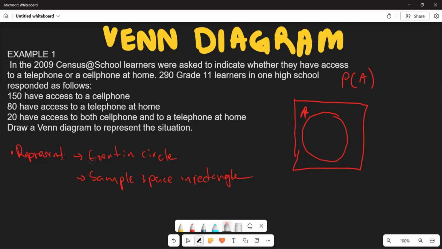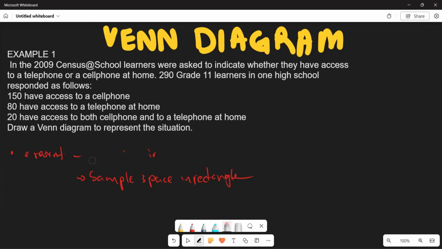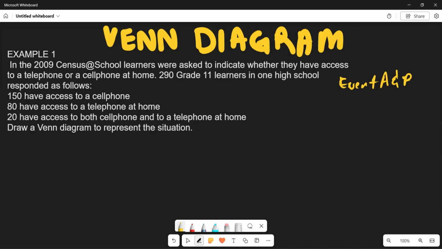Now there are different understandings of Venn diagrams that I want us to look at before we can even learn how to draw Venn diagrams from questions. The first thing I want you to know is that, within your Venn diagram, if you are given events A and B, what do you need to take note of?